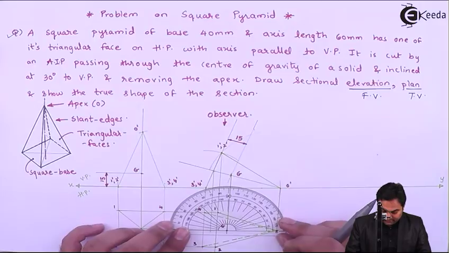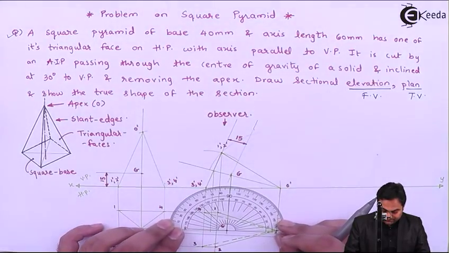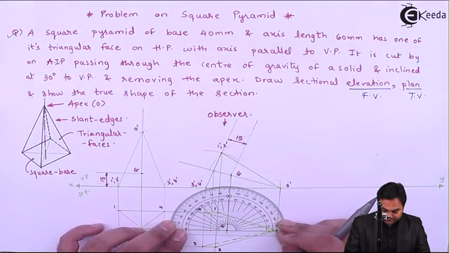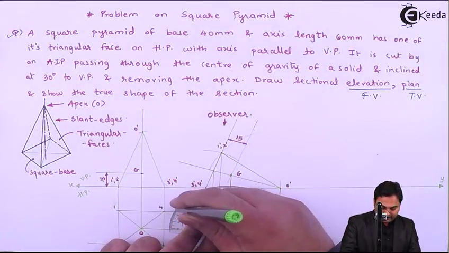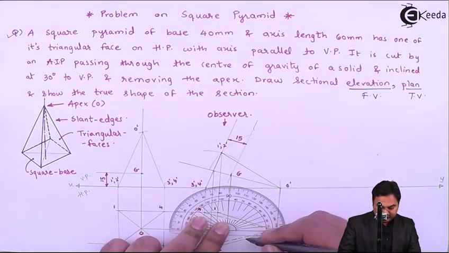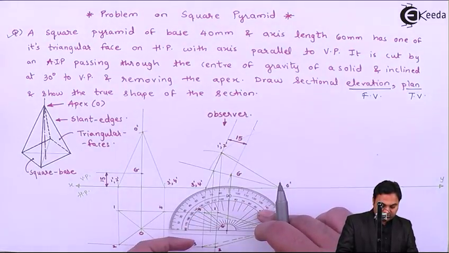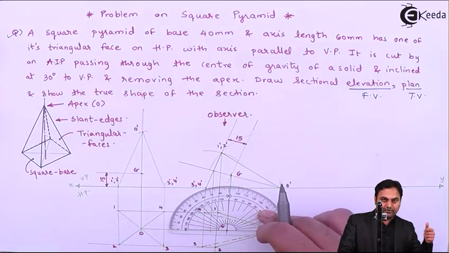So for example, if I am keeping this end of the protractor on the CG and if I am measuring 30 degree on this side and drawing a light line, that is a cutting plane line, then the apex will not be removed, this bottom portion will be removed.